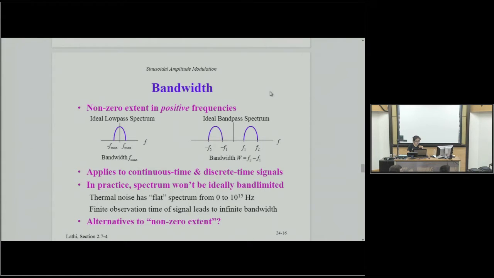On the left, my bandwidth is not from minus fmax to fmax, it's only from 0 to fmax, non-negative. For anything that's bandpass, it's this area, f2 minus f1, not this area. If you count this area, you will get twice the bandwidth, but your negative frequencies actually don't exist. So whenever you're asked a question about bandwidth, it's only the positive frequencies.